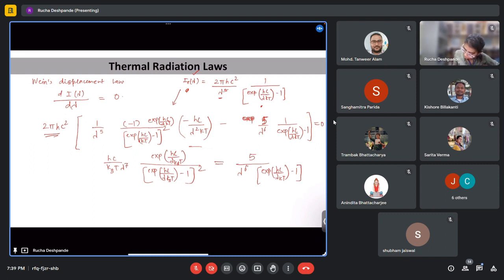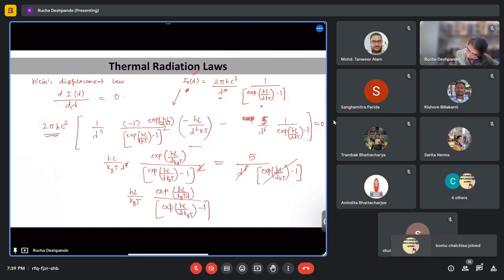So these terms would cancel on both sides. This lambda, we took it to the right hand side.